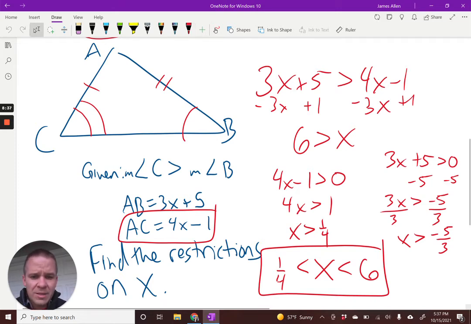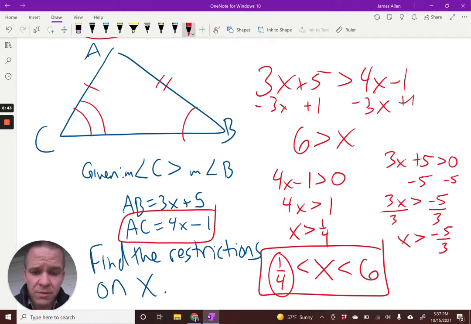So if I had that as my final right here, negative 5/3, well, if I selected, say, a value that's bigger than negative 5/3, how about something like 0? Well, if I plugged 0 into AB, I'd get 5. That's cool. But if I plug it in here, my length is negative 1. That's not okay, right? So I have to pick the smallest side, make sure that smallest side is greater than 0, and then I'm good.